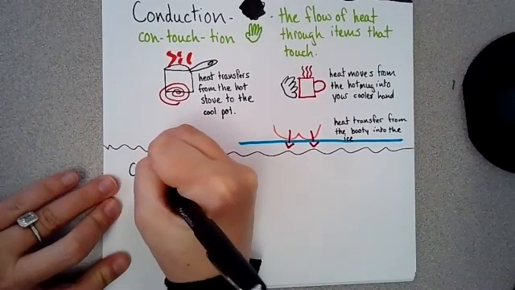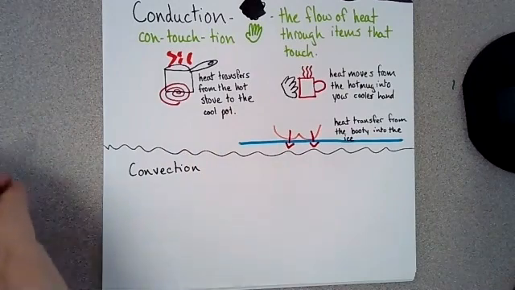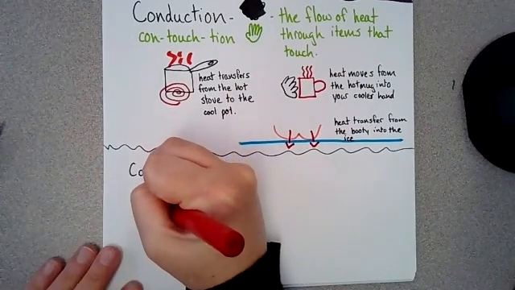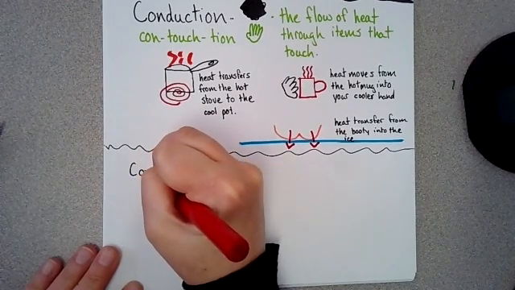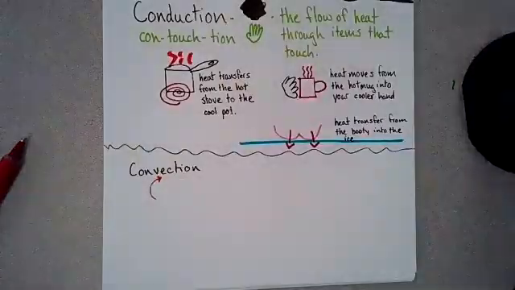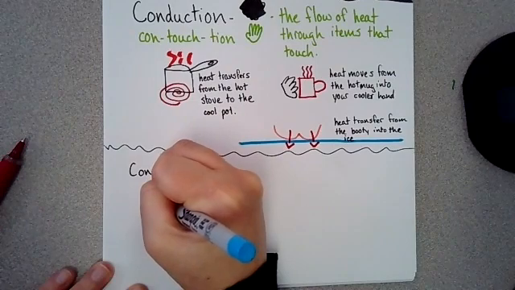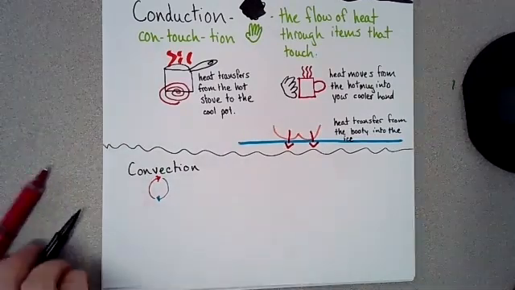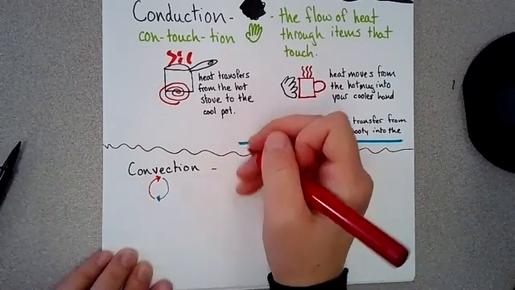Anytime you see the word convection, your teachers and I want you to draw a circle with arrows that shows the heat rises and the cool, the cold, sinks. The heat rises and the cool sinks. Let's write down our definition. Convection is the flow of heat through liquids and gas.